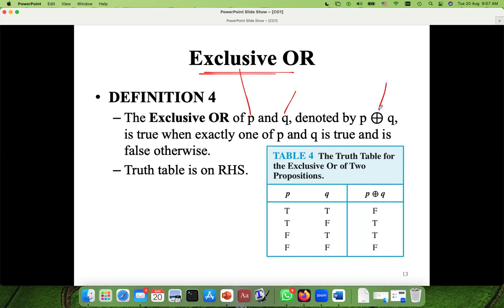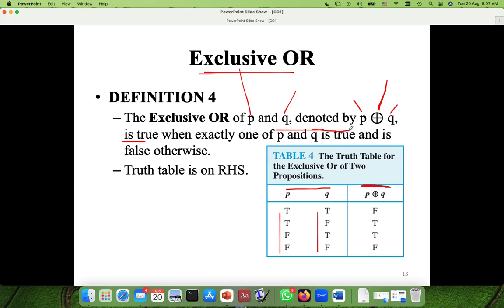You can call this symbol XOR, or you can call it exclusive or. Here we have two variables, so first you have to find the possibilities for these two variables if you want to draw the truth table. The definition: the exclusive or of P and Q is true when exactly one of P and Q is true.